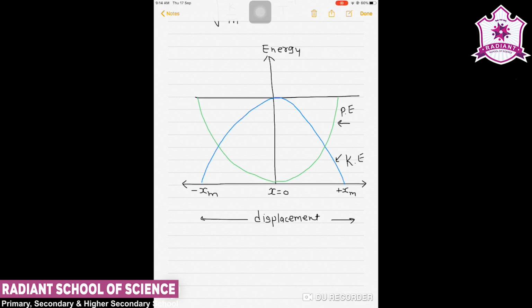The two plots are complementary, one decreasing as the other increases, and the total mechanical energy of the system, E as shown here, is total K plus U, which is always constant. So that is the explanation of kinetic energy, potential energy and mechanical energy, all in the same energy versus displacement graph for a spring. So this is the example.